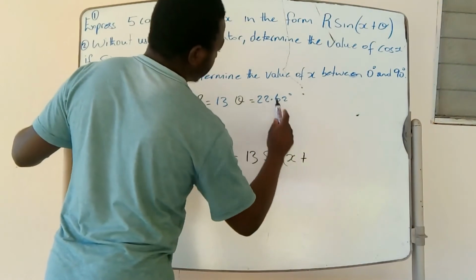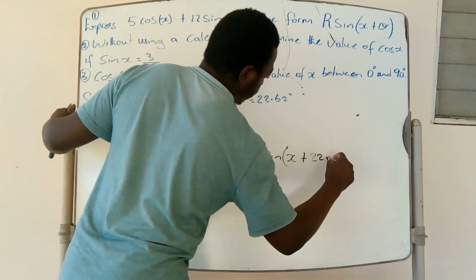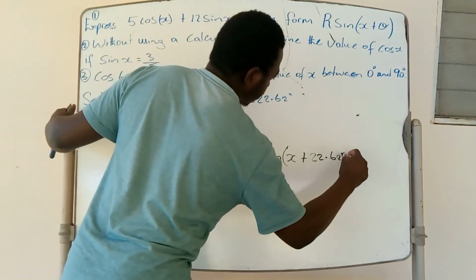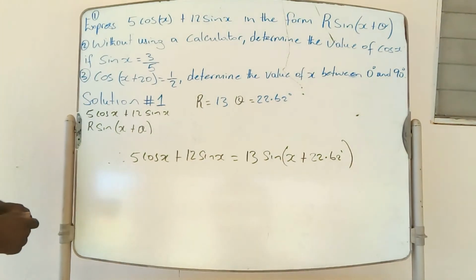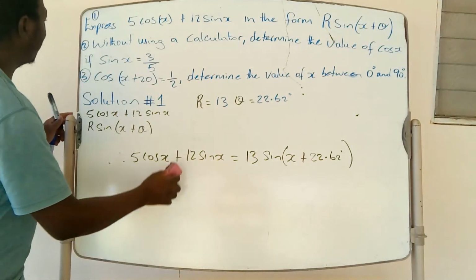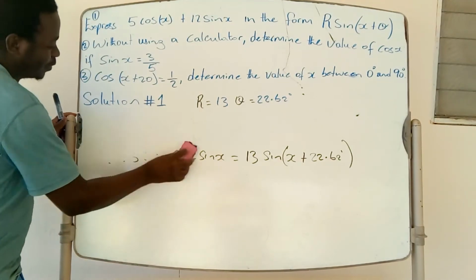But what is theta here? That's just 22.62 degrees. And that's it. Okay? Pretty simple, right? Alright. So now let's look at number 2.